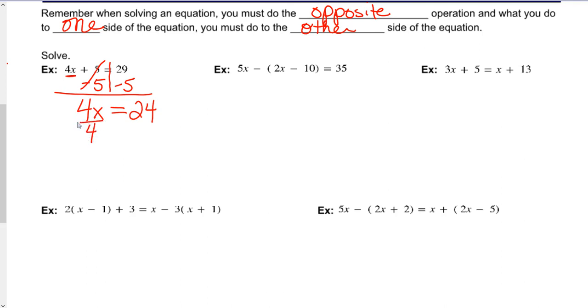We symbolize that with a fraction bar. So divide both sides by 4, or the number next to the letter. 4 divided by 4 becomes a 1. So all I'm left with is x equals 24 divided by 4, which gives me 6. Therefore, x = 6 is my solution.